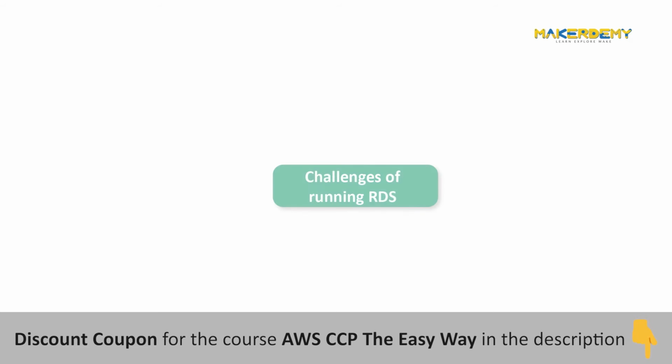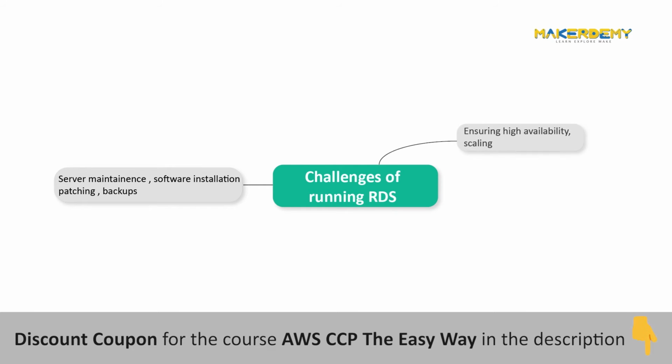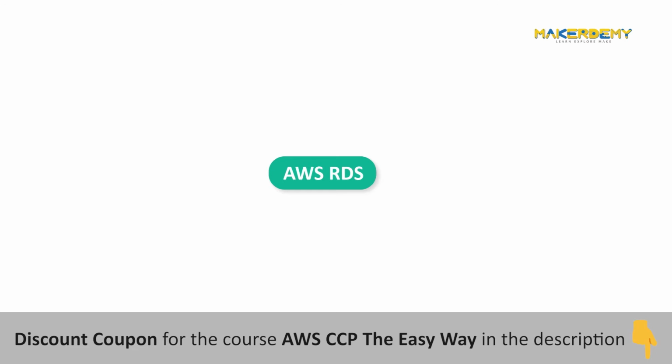So let's take a look into the challenges of running an RDS. When you run your own relational database, you are responsible for several tasks such as server maintenance, software installation, patching, backups, ensuring high availability, scalability, planning, data security, OS installation, etc. With AWS RDS, we can overcome all the above-mentioned challenges. Also, AWS RDS provides cost-efficient and resizable capacity and automates administrative tasks.